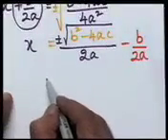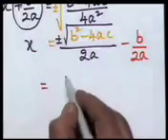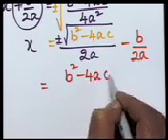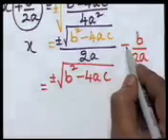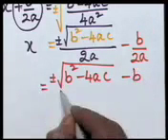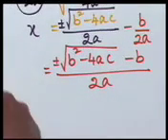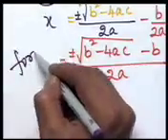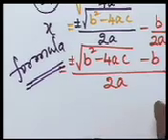Now, let's write that as a single fraction. It's going to be b squared minus 4ac under the square root with a plus or minus sign, and you got a minus b comes there, all over 2a, right? This is what is considered to be a formula to actually find the value of x for any question.